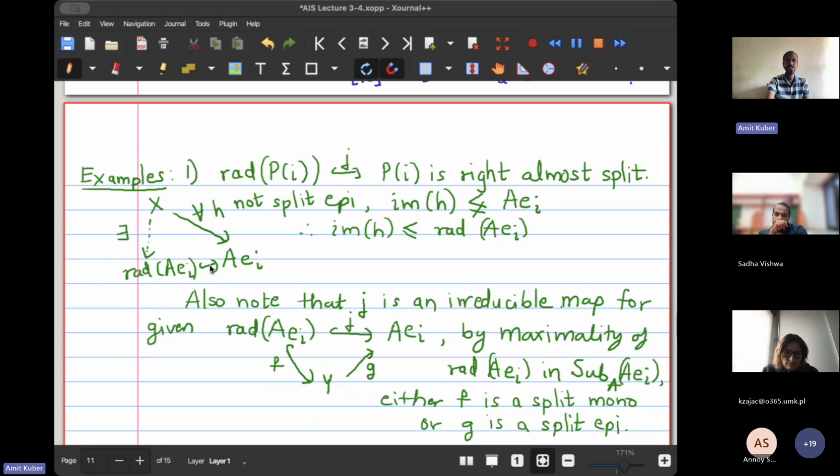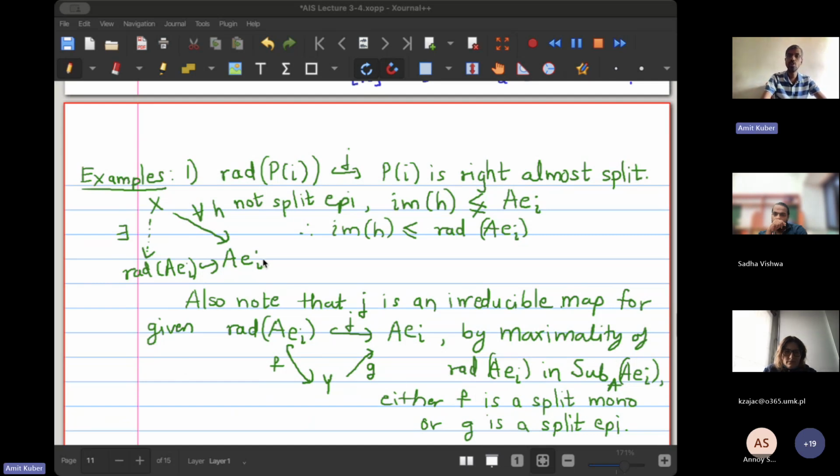Well, start with this J over here and take any morphism which is not a split epimorphism. Then we have to show that there exists such a map. Because it is not a split epi, and I'm using another notation, AEI is essentially the same thing as PI, the projective module PI.